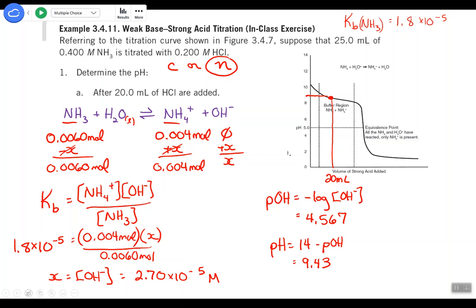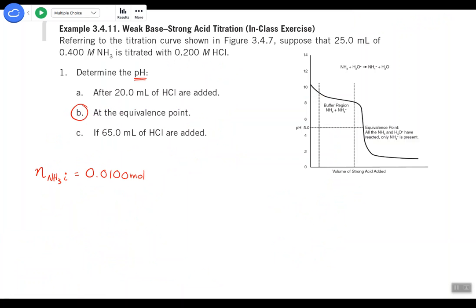So now we're ready to move along to part B. Part B, what is the pH at the equivalence point? Well, we can see on our graph, we can predict that it's going to be pretty close to a pH of 5.